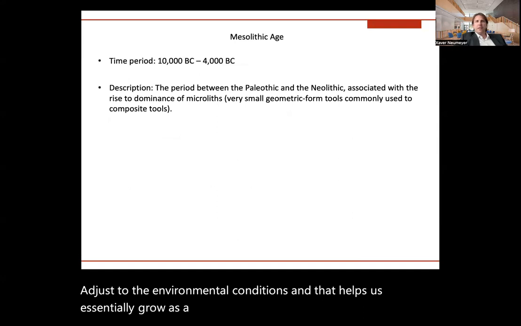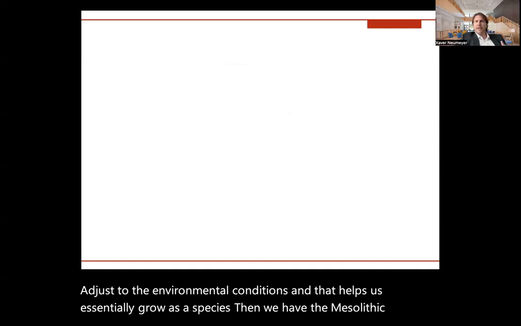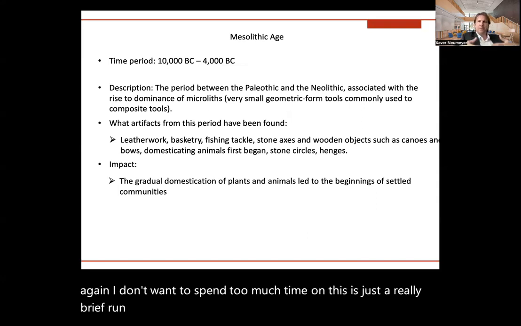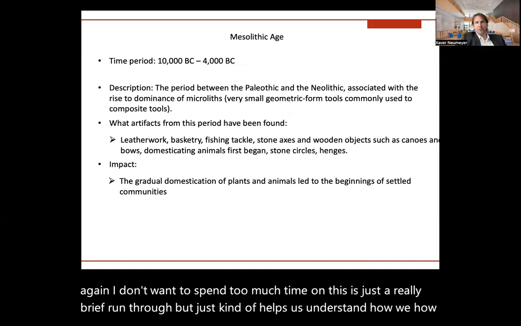Then we have the Mesolithic age, and again, I don't want to spend too much time on this. This is just a really brief run through, but it helps us understand how our relationship with technology evolves, right?